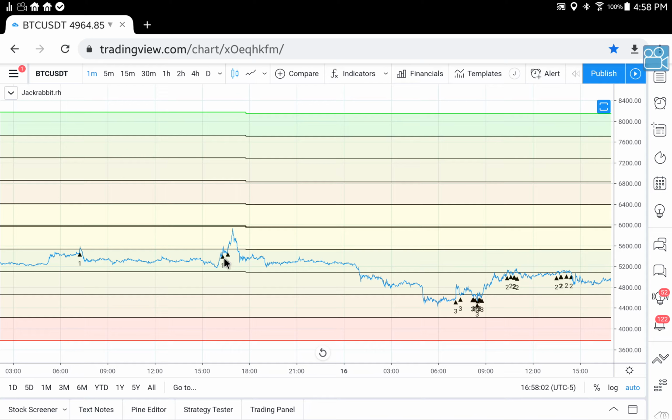For example, these two items crossed the one price channel. Here, the third price channel. Here, the second price channel.